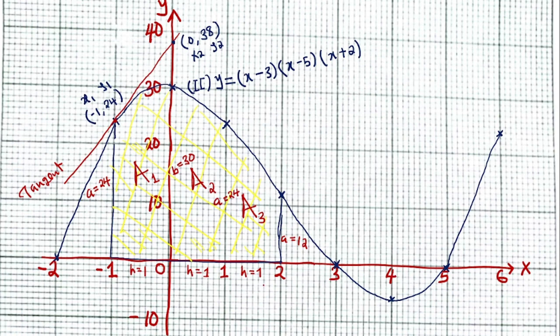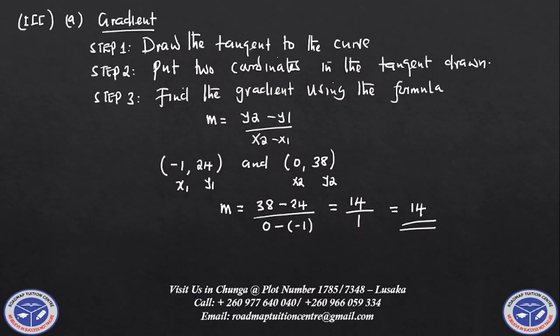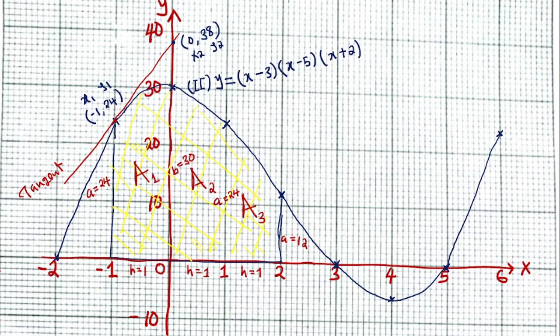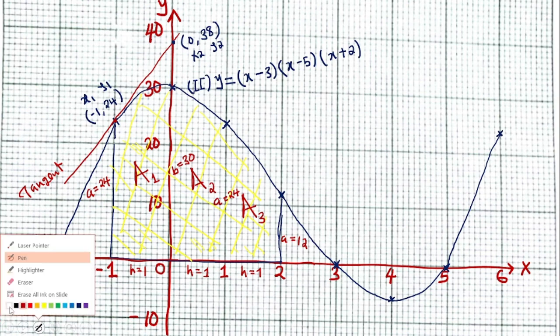So after we do that, we can write the area for each, then we add them in order to get the area bounded by the curve, where x is equal to -1, where x is equal to 2, and where y is equal to 0.